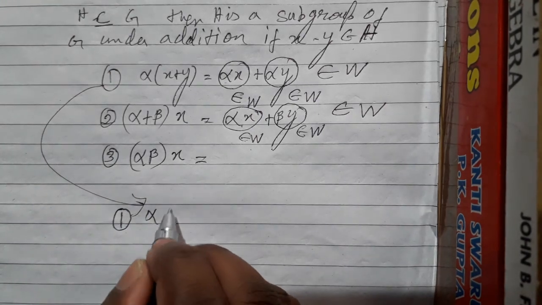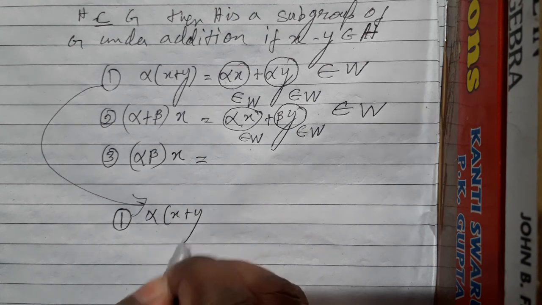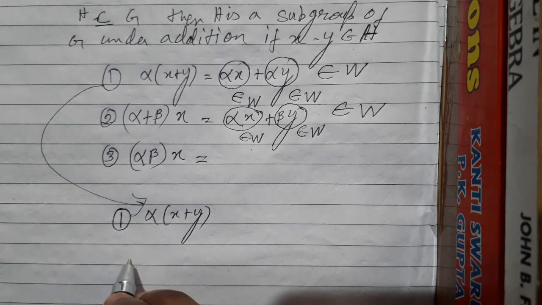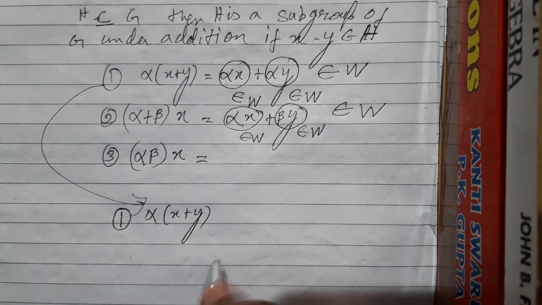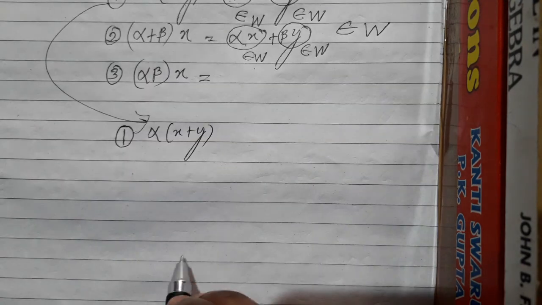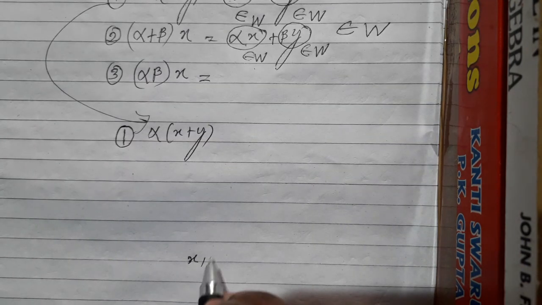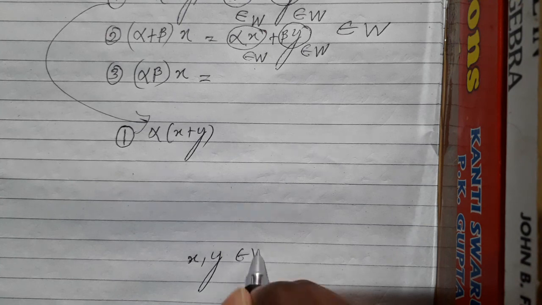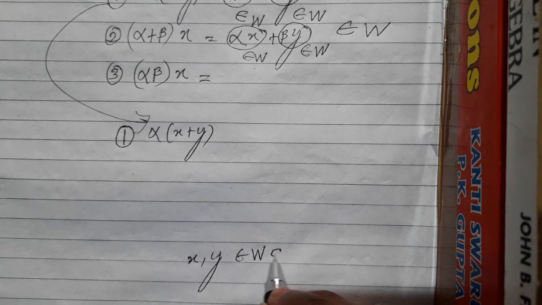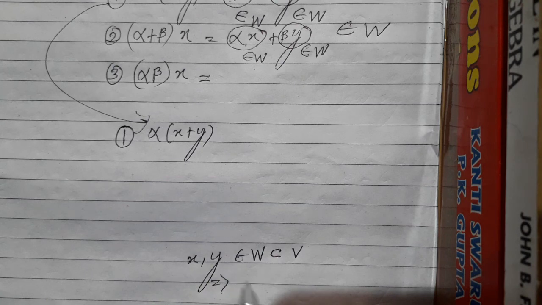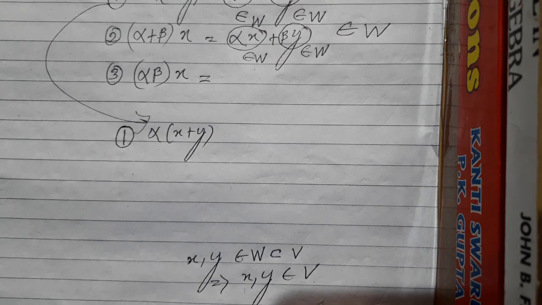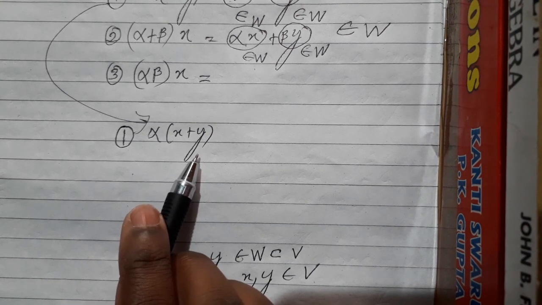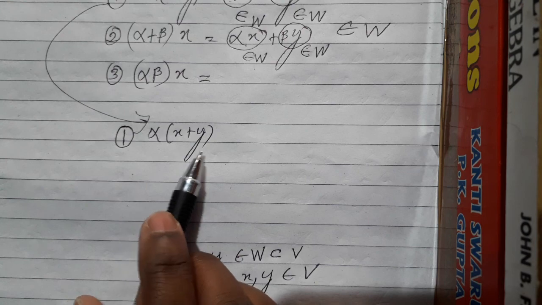If I take alpha(x + y), where x and y belong to W, and W is a subset of V, this implies x, y belong to V. Since V is a vector space, this condition should be true.